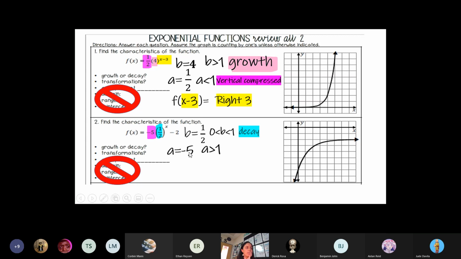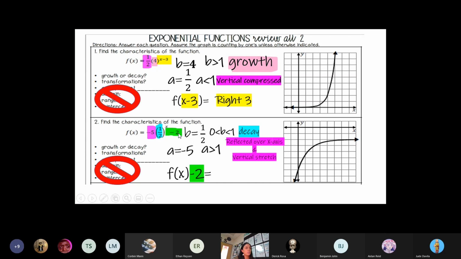The absolute value of 5 is greater than 1. And because of the negative number, it's also causing it to be reflected. So it's reflected over the x-axis, and it's causing a vertical stretch because the absolute value of negative 5 is greater than 1.